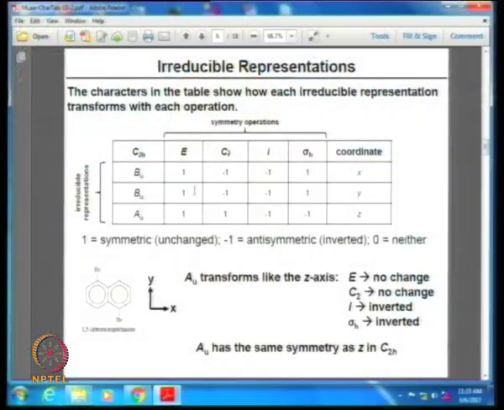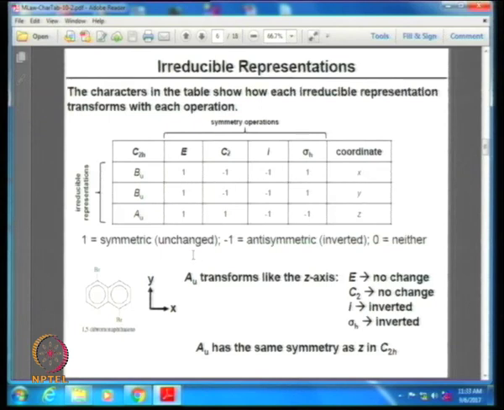So this is written out. Characters show each irrep and how it transforms, and points out the other thing from chemistry and from the physical point of view. This row essentially captures the property of the x coordinate, this row captures the property of the y coordinate.